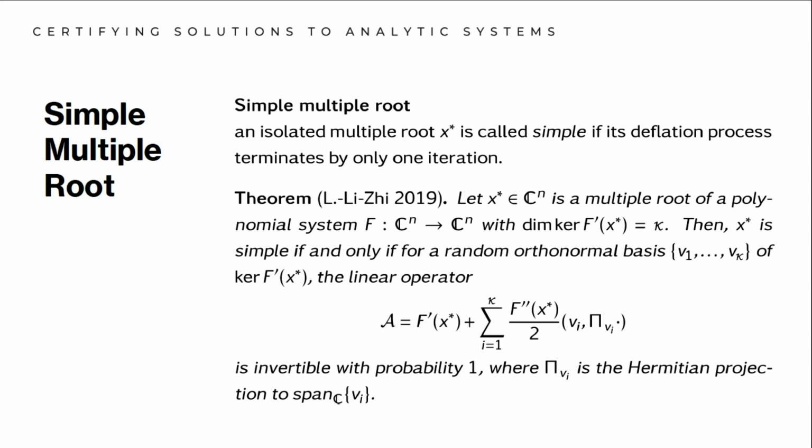Sometimes, when you think about the points inside the tangent bundle, probably you're gonna get multiple roots. So if you apply one deflation process, and your multiplicity does not drop, then we should apply it once more. If you do that enough times, then eventually it will be a regular root, a simple root.